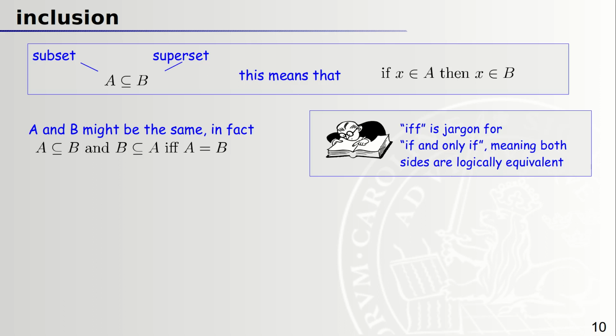And it means that the two statements connected by the "iff" are logically equivalent. So it's logically equivalent to say that A is a subset of B and B is a subset of A on the one hand, and to say that A and B are equal. Of course, that means that any set is always a subset of itself, and also that the empty set is a subset of every set.